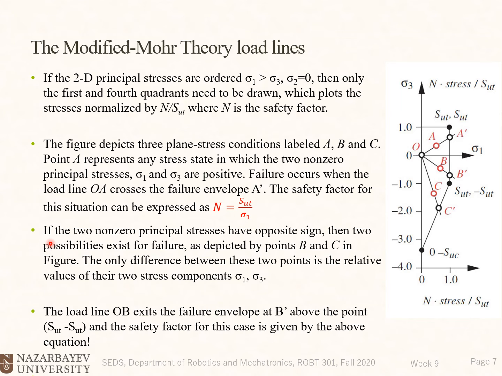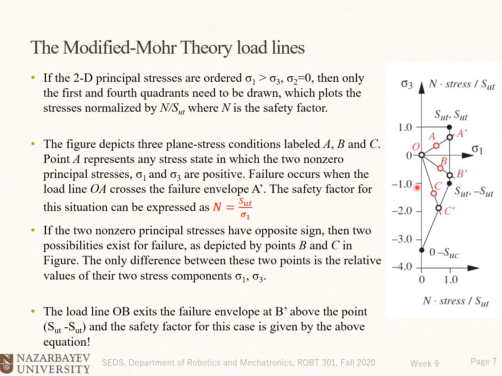If the two non-zero principal stresses have opposite signs, then two possibilities exist for failure, as depicted by points B and C in the figure. The only difference between these two points is the relative values of their two stress components, sigma 1 and sigma 3.